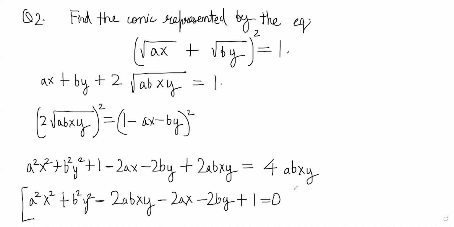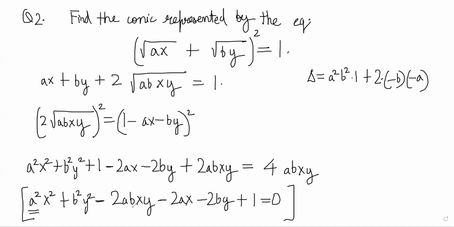Now this equation is in the standard 2-degree curve form. And now the first thing to do is to find out the value of del. So del will be equal to ABC, and A is a square, B is b square, C is 1, ABC plus 2FGH, 2 times F. F is the coefficient of y, so it is actually minus b. G is for x, so minus a.